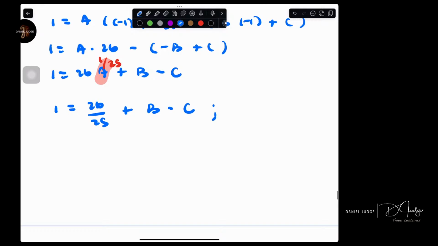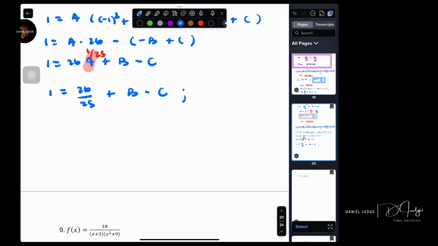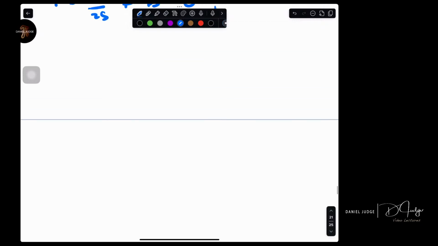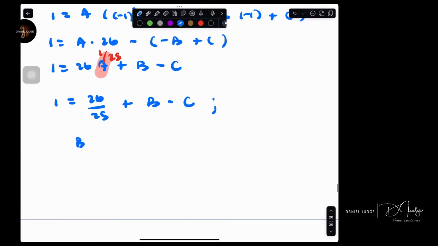Or we can say, b minus c is 1 minus 26 over 25. We're going to replace the number 1 with 25 over 25.